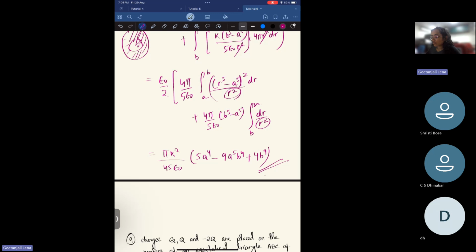Just check once whether you are getting the answer or not. Okay. This will give 1 by r, and this we have to simplify.